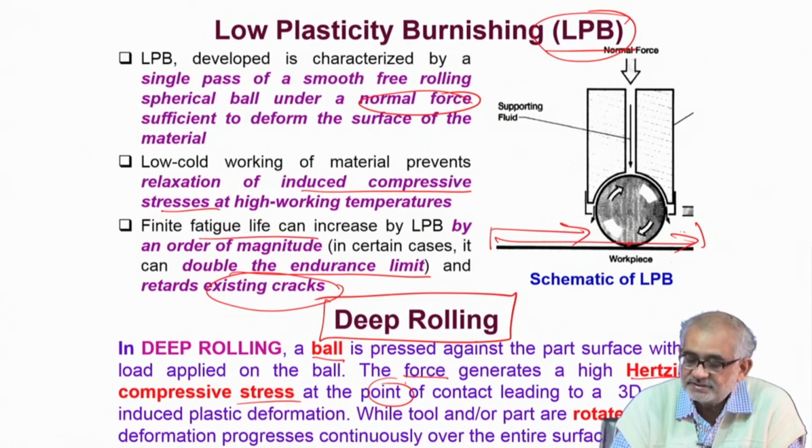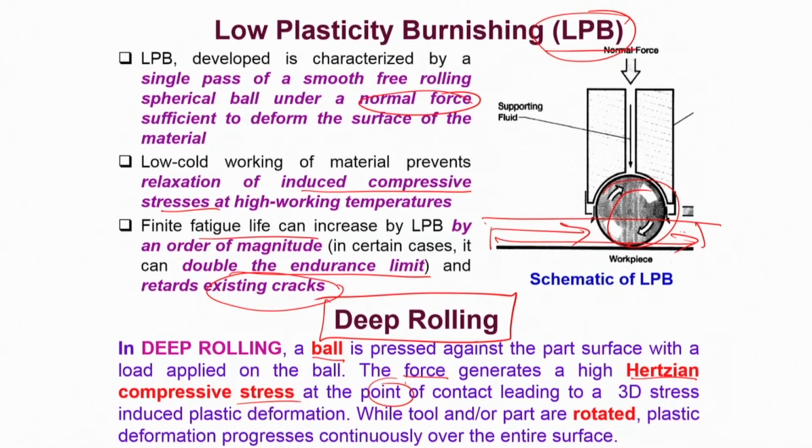But compared to this, where it moves from one end to another during this rotation, while the ball rotates here and it moves from one end to the other, here the spherical object that we are rotating is rotating at a particular RPM with simultaneous application of force.